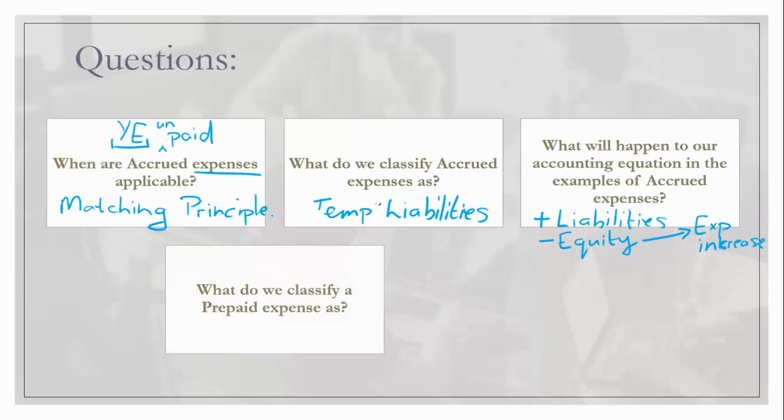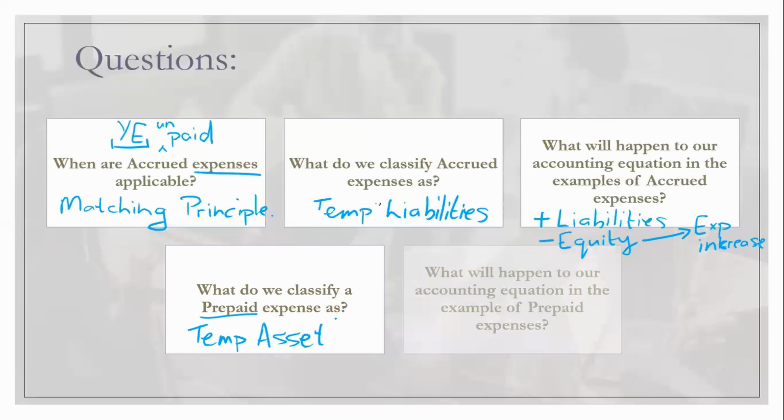What do we classify a prepaid expense as? A temporary asset. Prepaid expense, so we already paid for it, making it a temporary asset. And what will happen to our accounting equation in the example of prepaid expense?